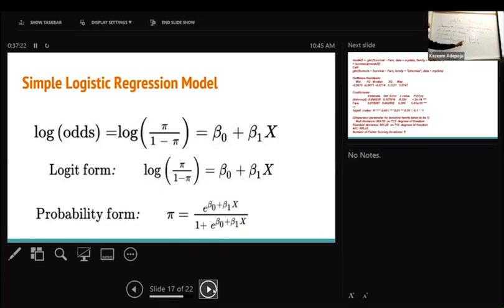Now, the odds of red will be 4 divided by 6, which is the number of red divided by the number of not red. So here it's going to be 4/6. This is the odds of red.